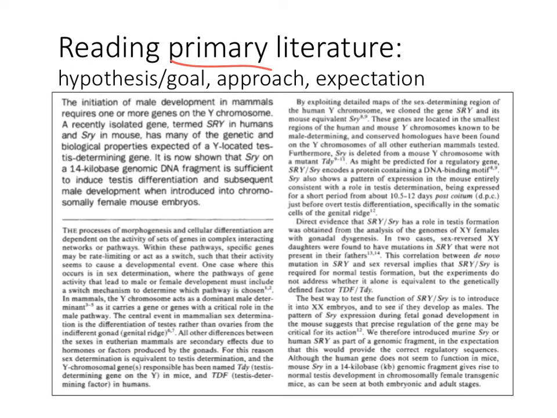There are a couple places to find these points: the hypothesis or the goal of the study, the approach the authors used, and then what they expected to find. All of those things are usually found in the abstract, which is usually the first part, top of the first page, or in this case, the upper left of the first page.